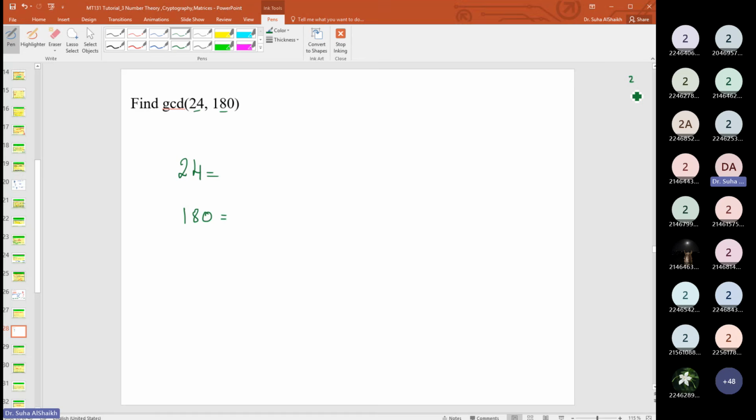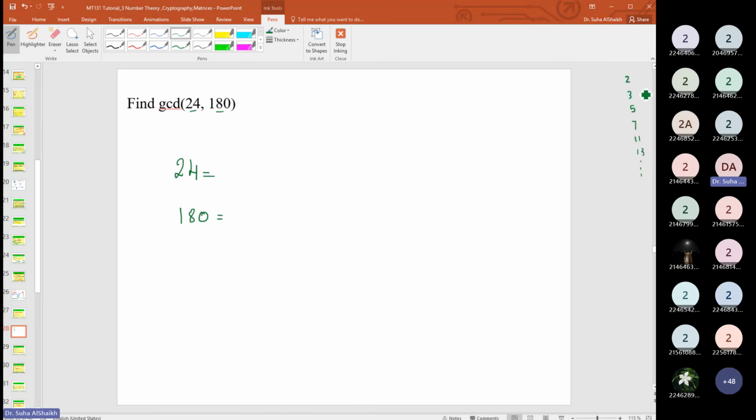So we list the primes: 2, 3, 5, 7, 11, 13, and so on. They must be in front. We prime factorize the 24. We did it. It is 2 and 12. It is 2 and 6. It is 2 and 3, 3 and 1. So this is 2 power 3 multiplied with 3 power 1.